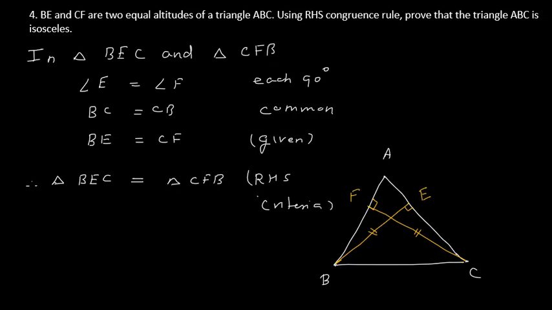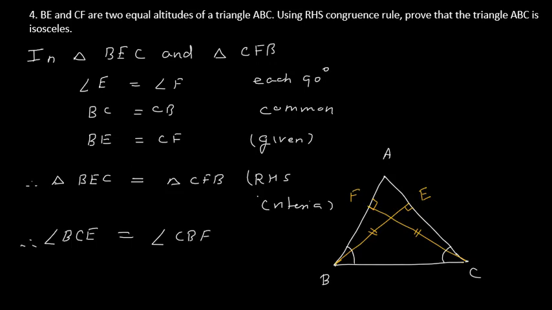So therefore, as these two triangles are congruent, their corresponding angles, that is angle BCE, this whole angle, will be equal to angle CBF. So CBF is this whole angle.